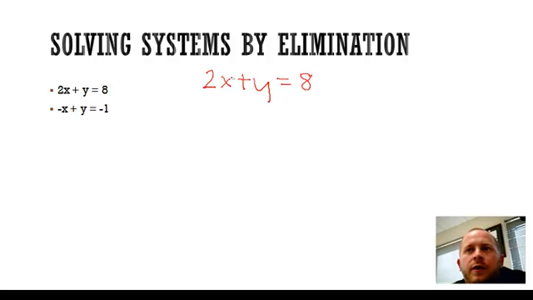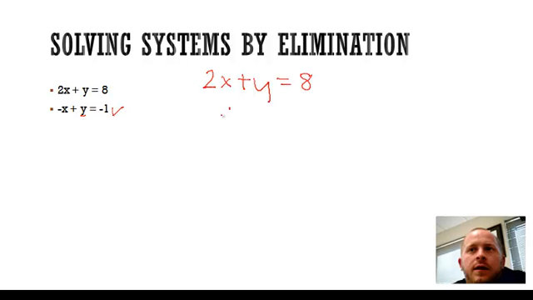What we want to do is try to eliminate one of these variables by using this second equation. On the second equation, to me the easiest thing would be to eliminate the y, since they both already don't have a coefficient on the front, by making the one in the second equation a negative y. I'm going to do that by multiplying this entire equation by negative 1.